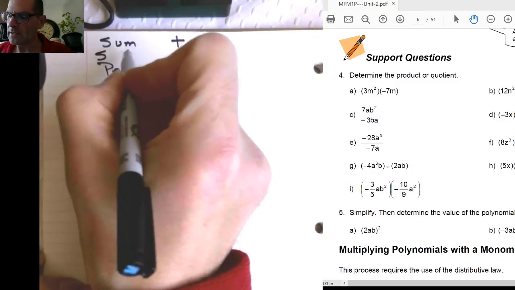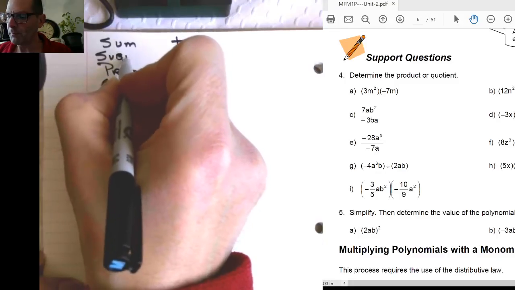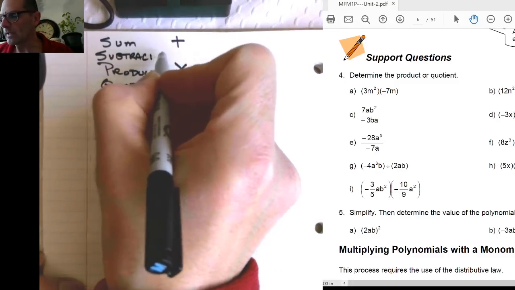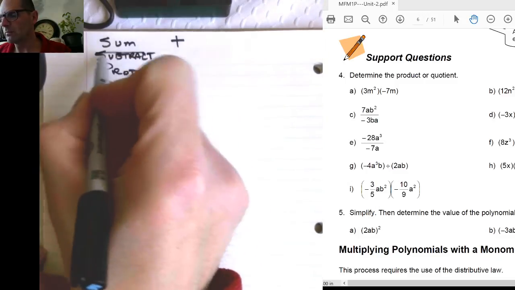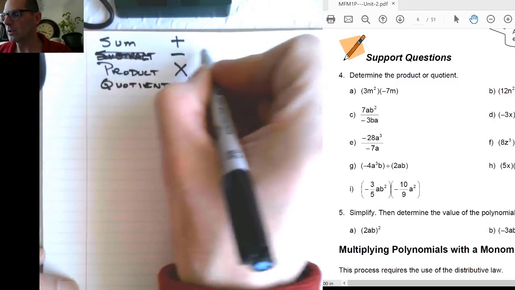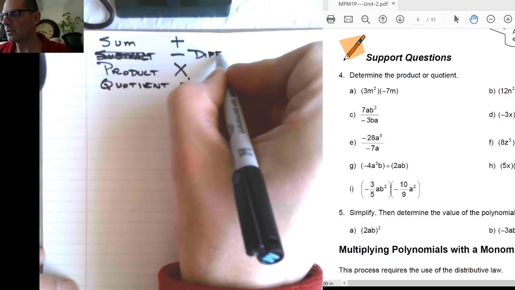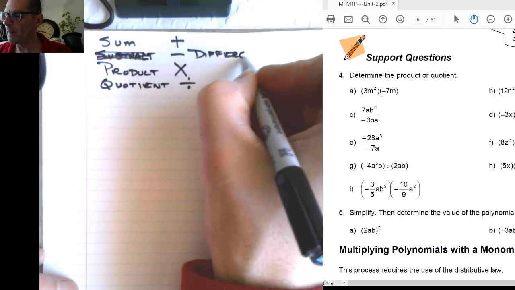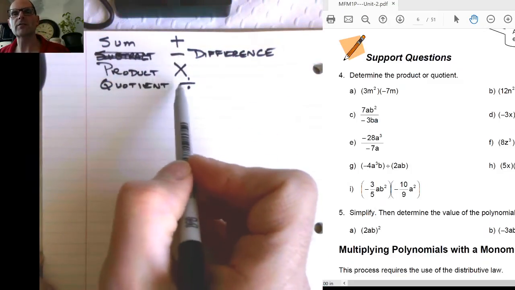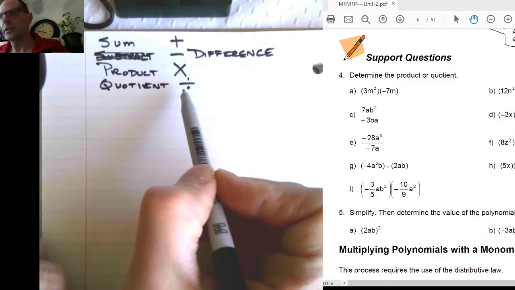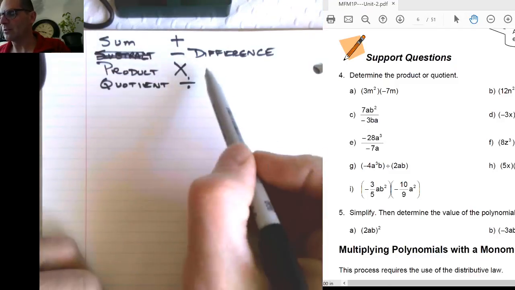And if we're subtracting, oh, sorry, that shouldn't be written there. This should actually be difference, right? So if we're talking about subtraction, the answer is the difference. Those are the fancy terms that refer to the answers of the four basic mathematical operations.